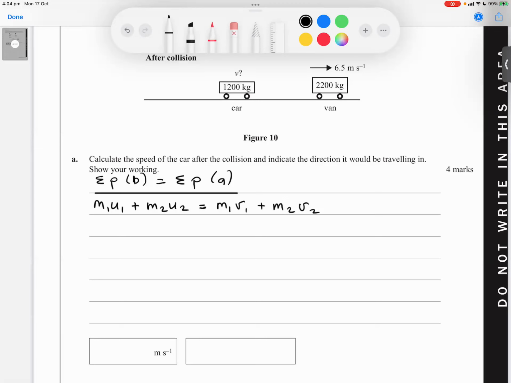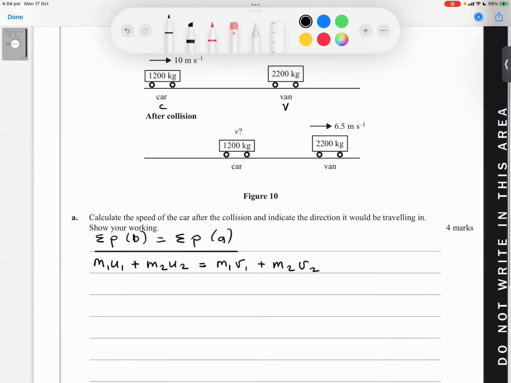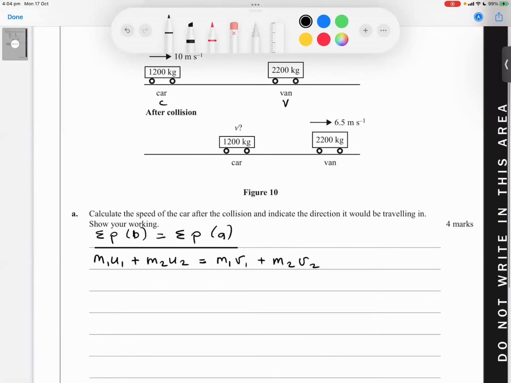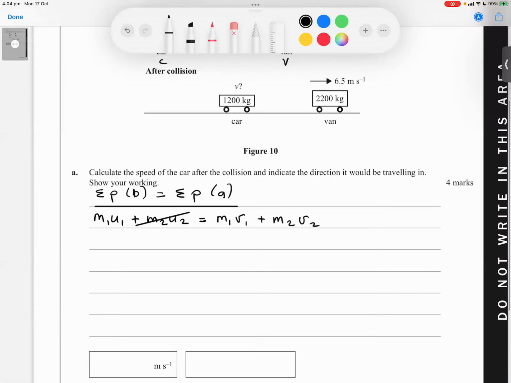Notice we're taking our time a little bit with this, just getting into a flow state with it. The van is stationary before the collision, so we can cross that term out. What also helps is that we want the velocity of the car afterward, so I might circle it here as well.